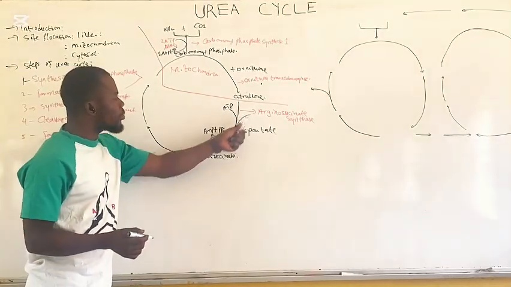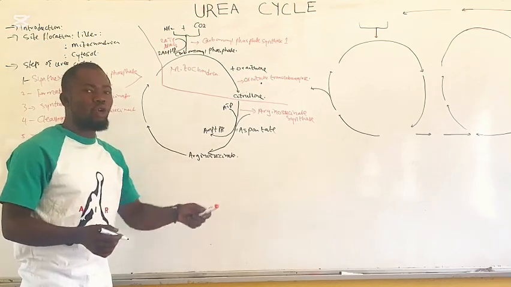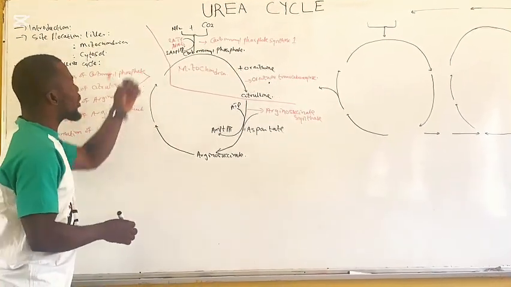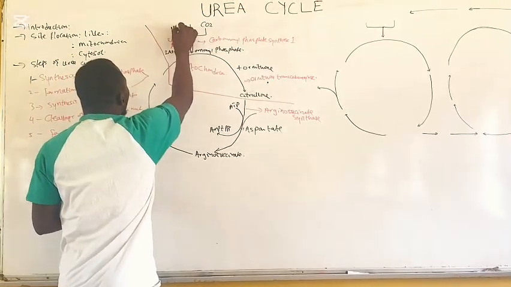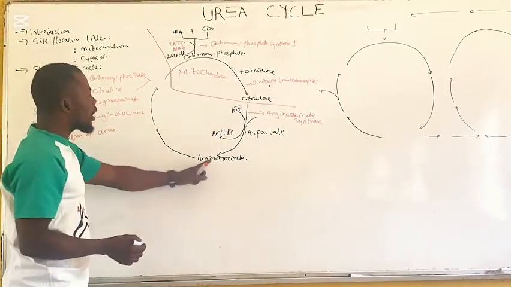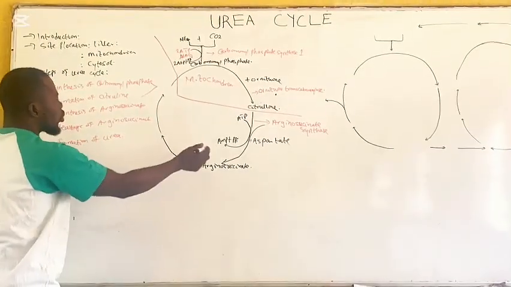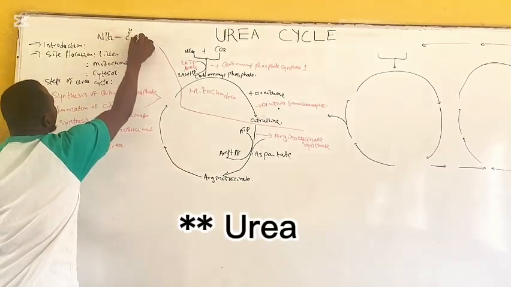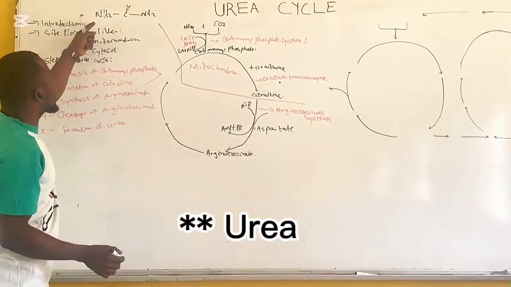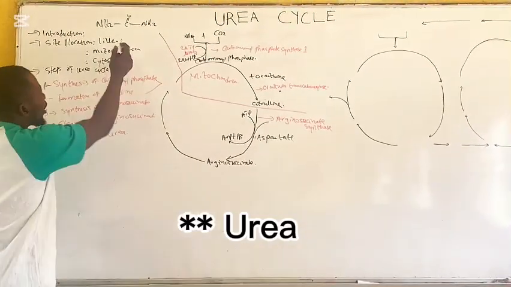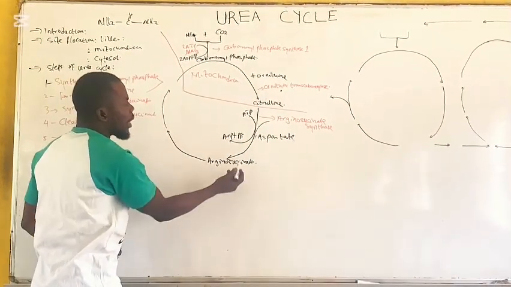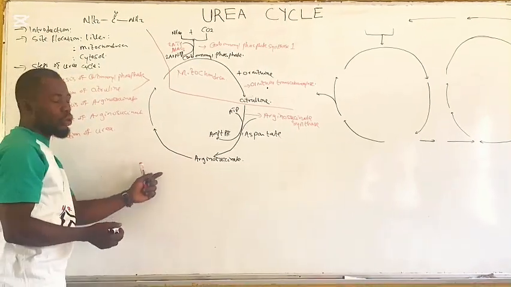And again, this step introduces another amino group to urea, because urea has 2 amino groups: the first amino group is from the ammonia ion and the second amino group is from the aspartate. During the condensation of aspartate with citrulline to form argininosuccinate, another amino group is introduced to the urea.